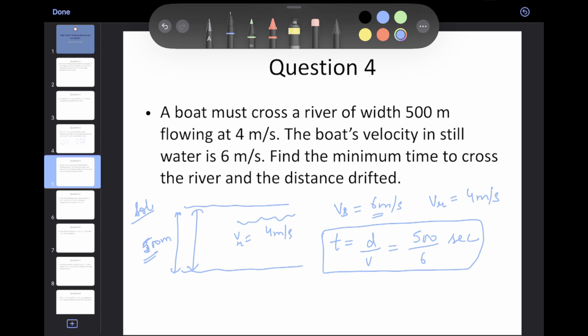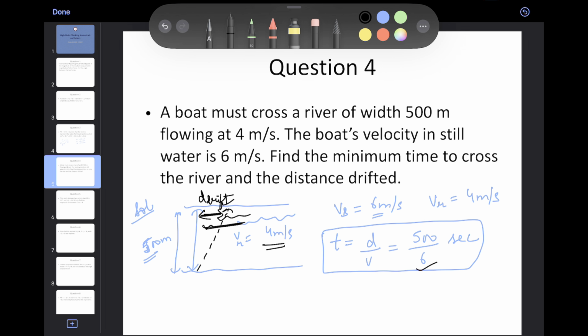And the distance it should have drifted is basically, let's say the boat, because of the flow of river, is drifted to some angle, so it has reached this point in this time. And the horizontal velocity is this, so this distance should be your distance of the drift.